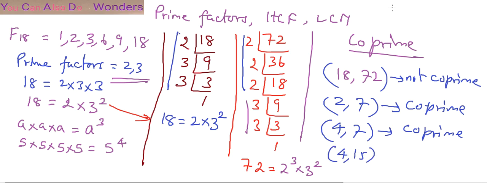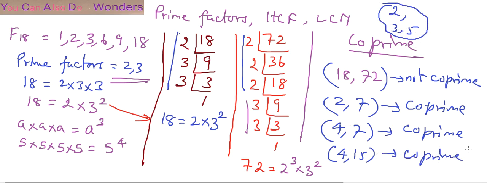Because 4 is 2 squared, or 2 into 2, 4 has only 2 as a prime factor, and 15 has the prime factors 3 and 5. So that means there is no common prime factor, isn't it? Therefore, this is also coprime.